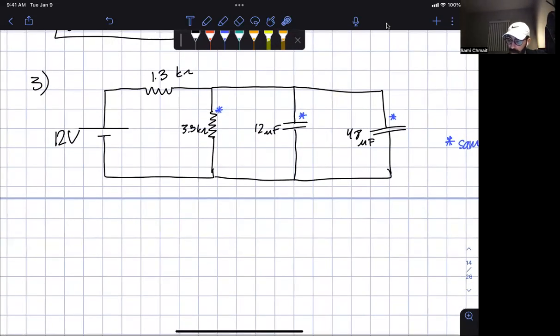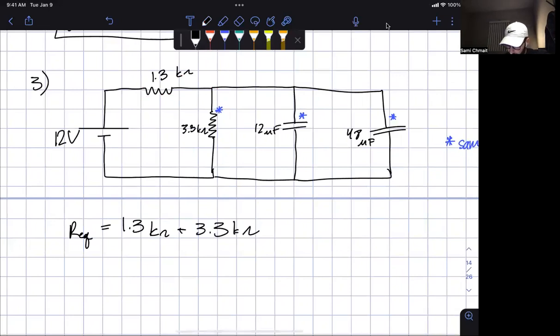Well, the first thing we need to do is look at our 2 resistors. Looking at our 2 resistors right here, we can see that we're just going to be adding, right? So the REQ is equal to 1.3 plus 3.3, and that's going to be equal to 4.6.